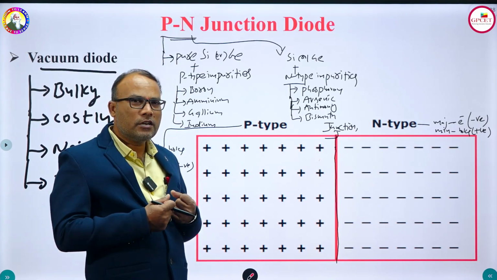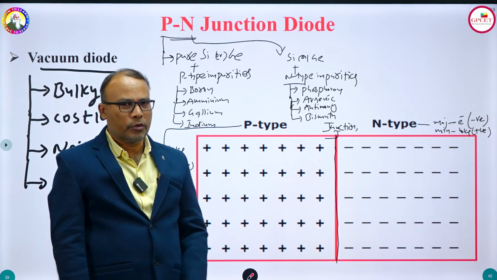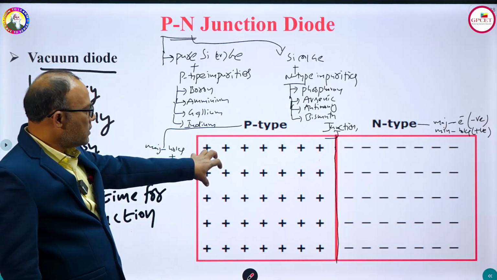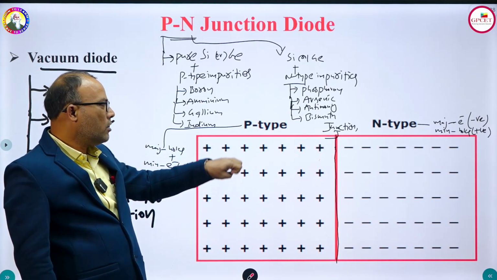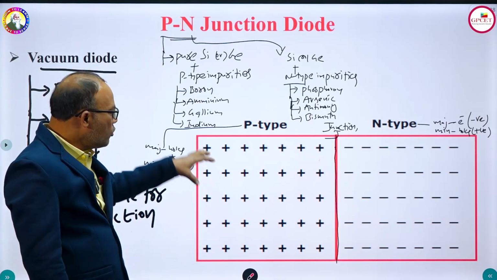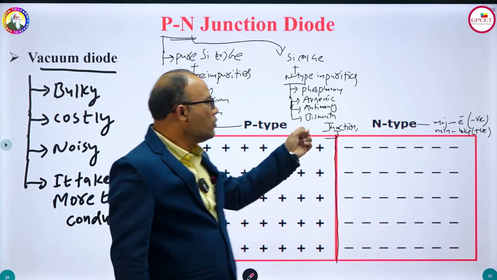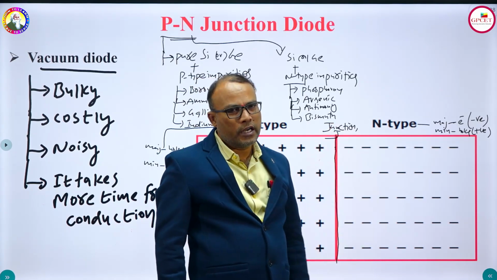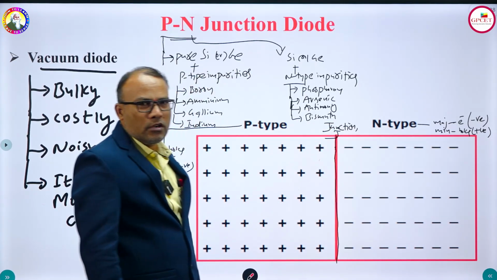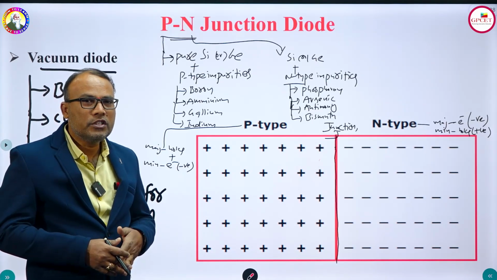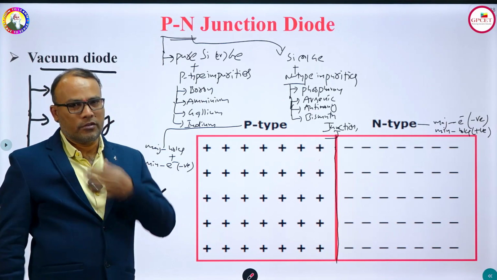If it accepts an electron, it is nothing but an acceptor impurity. All holes will accept electrons, and all electrons will donate one electron, right? So these are called ions. An ion is an atom which donates or accepts an electron.